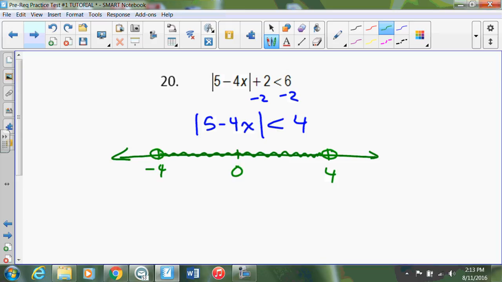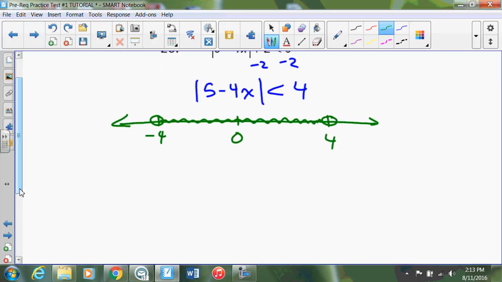Or rather, where the value of the absolute value of 5 minus 4x will fall. The answer x is not going to fall in here, but the value does. So what we're going to do is we're going to say, okay, so either 5 minus 4x is less than 4, right? That if it's less than 4, that takes into account this side.